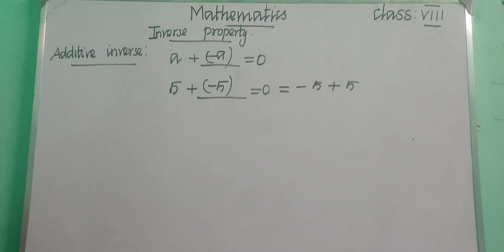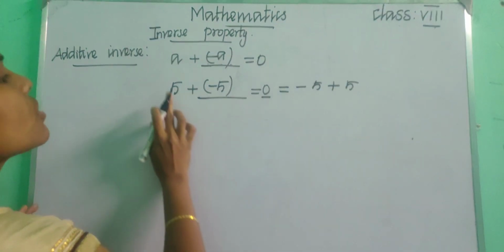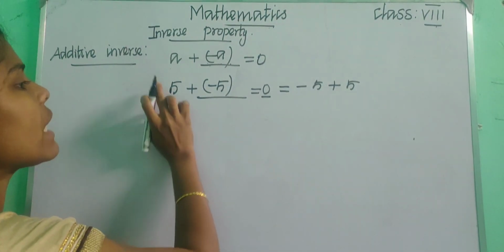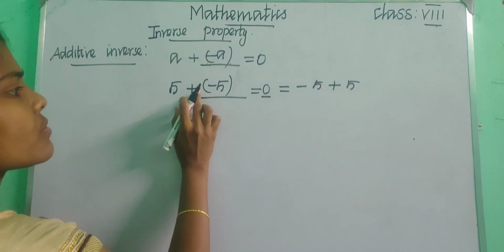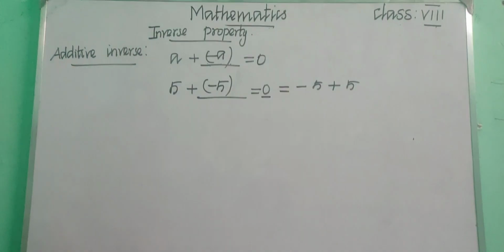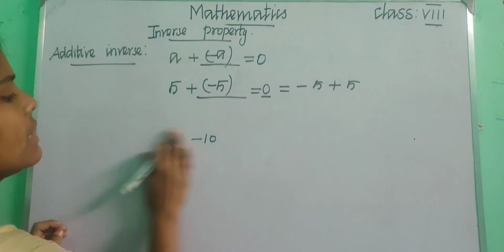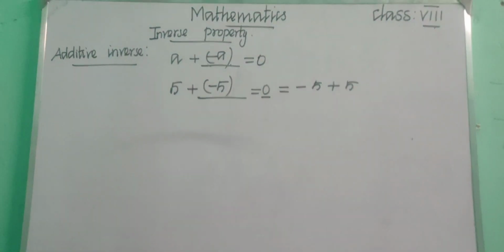Okay, children. So 0 is the additive identity. So what will be added to this 5 to get the additive identity? We need to add the additive inverse. So what is the additive inverse of 10? Minus 10. So this is called additive inverse.